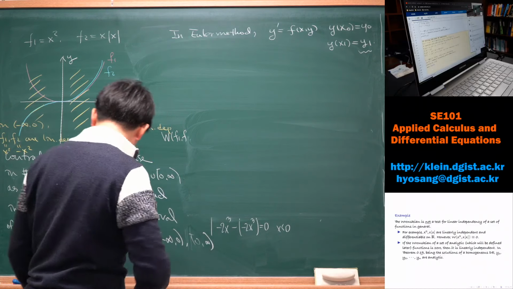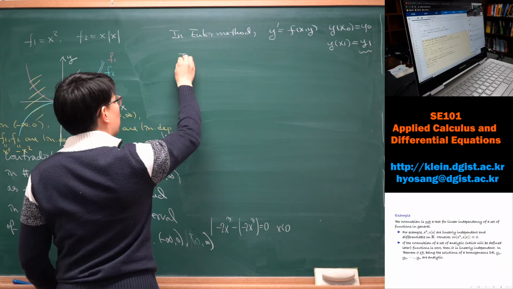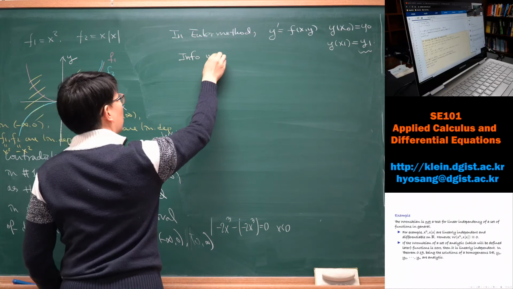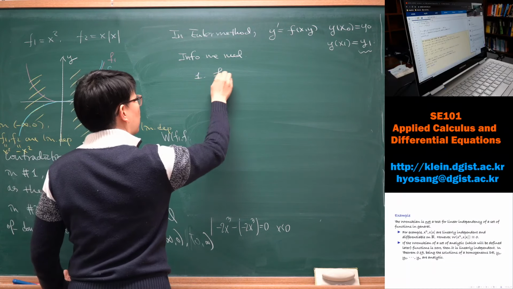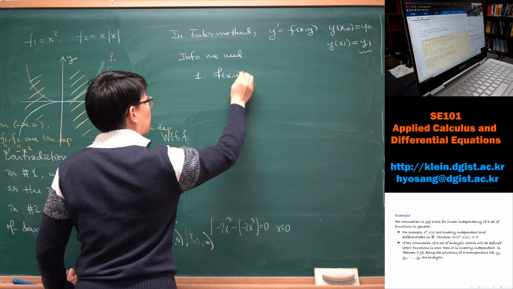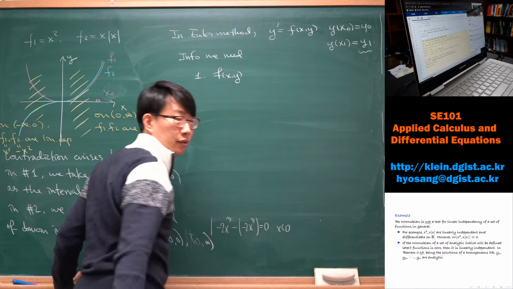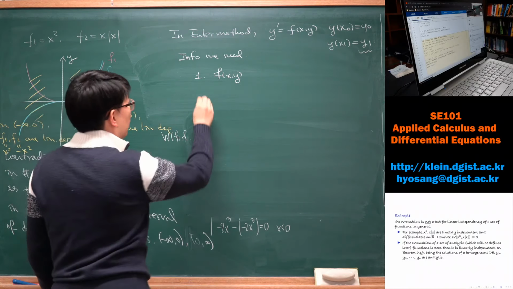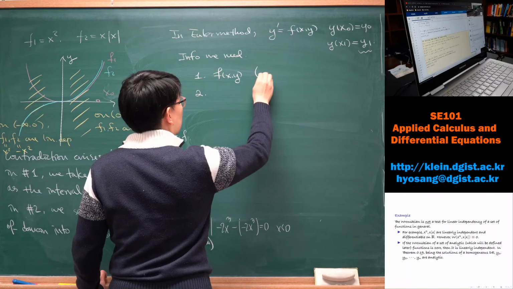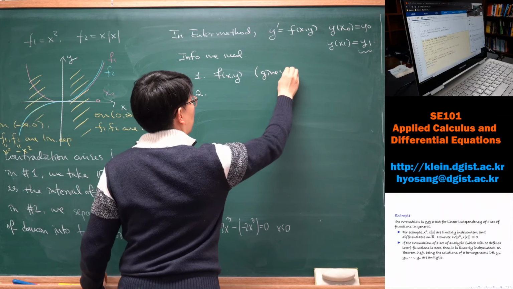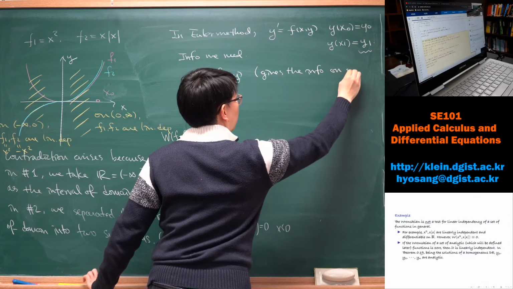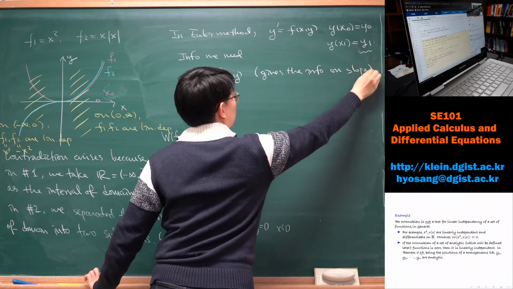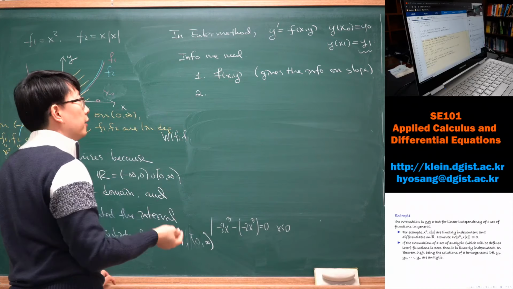In order to find y1, the info we need is, first, the formula of y prime given by this two-variable function, which gives the info on the slope of y.